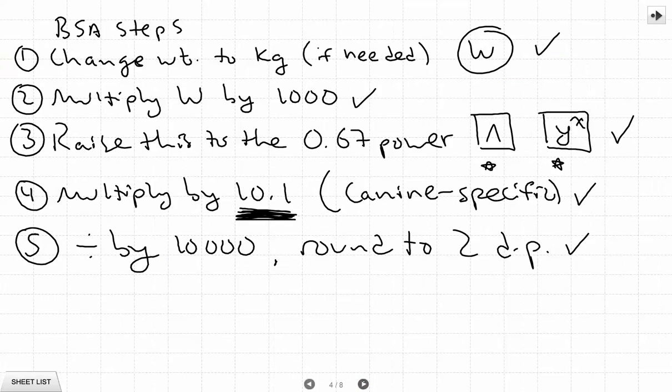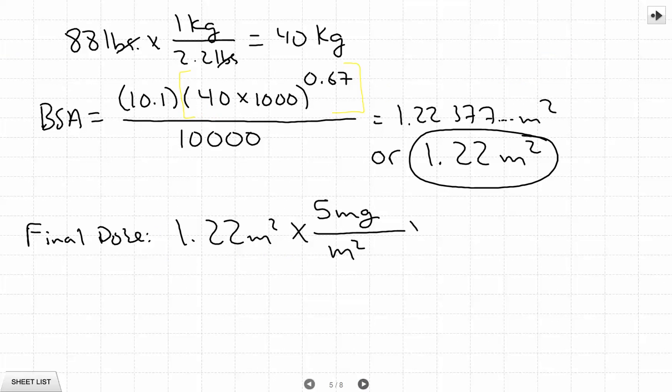So when I do that, my meters squared cancel, and I want 1.22 times 5, which comes out to be 6.1 milligrams. And that ends up being the final answer.